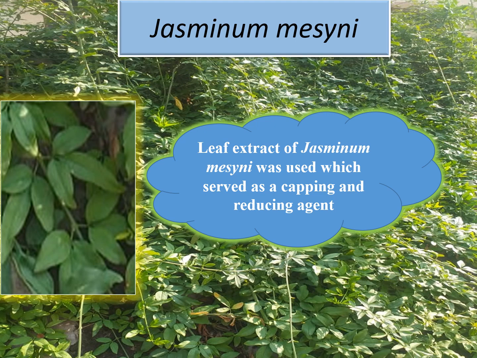As far as the conception of the new idea is concerned, this plant has not been used before for the synthesis of cobalt oxide as well as nickel oxide, and also these cobalt oxide and nickel oxide based nanocomposites have never been made before using plant material or plant leaves.